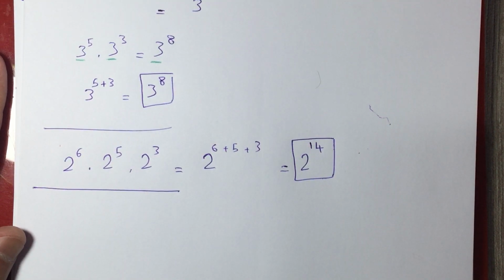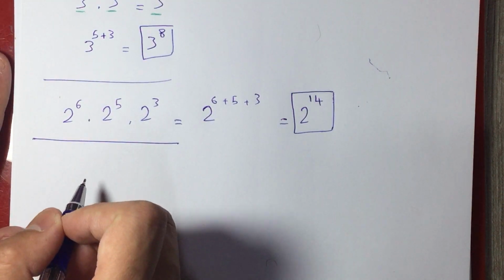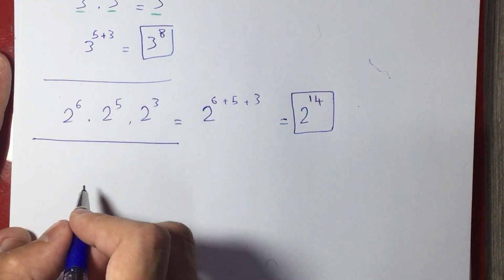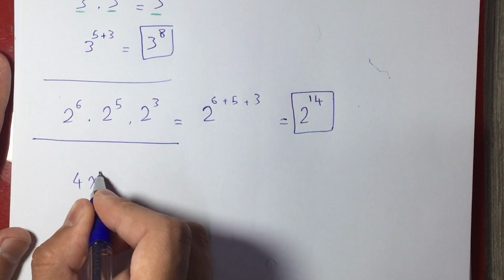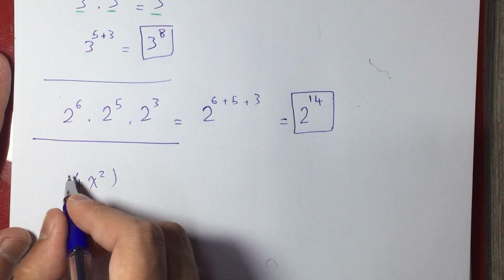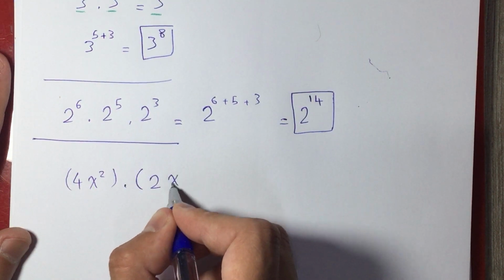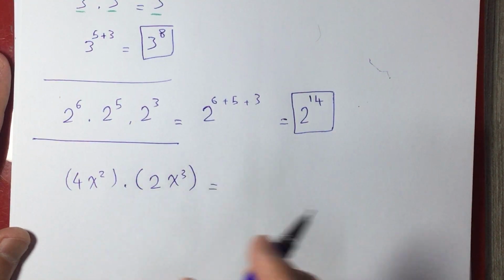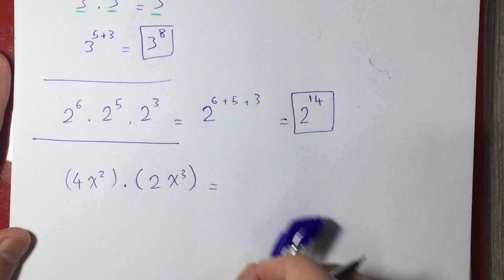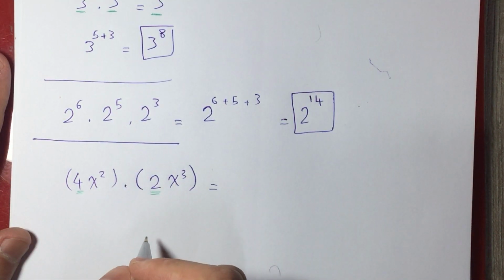What about having variables between the parentheses? So let's assume that we have 4x squared times 2x to the 3rd. How can we multiply these? We simply multiply numbers with numbers, each factor with a similar factor.